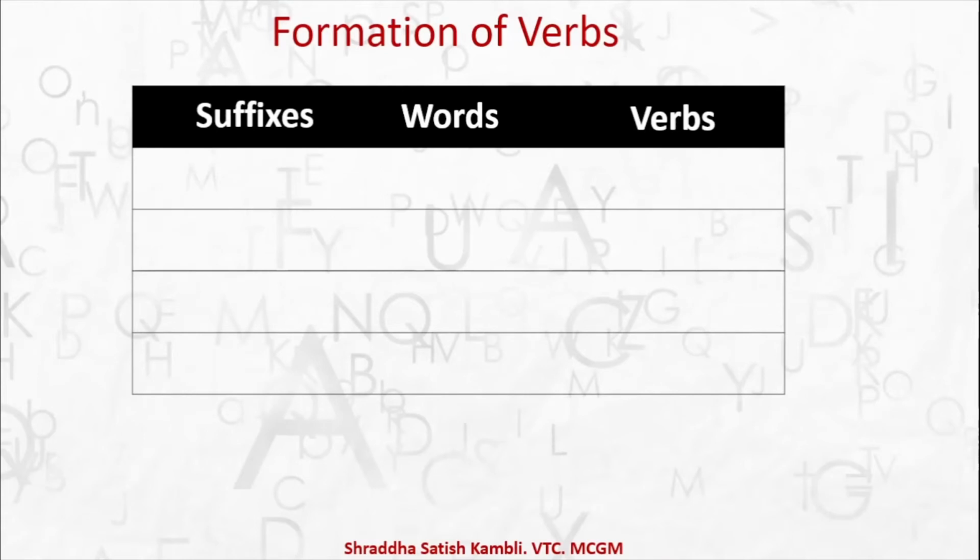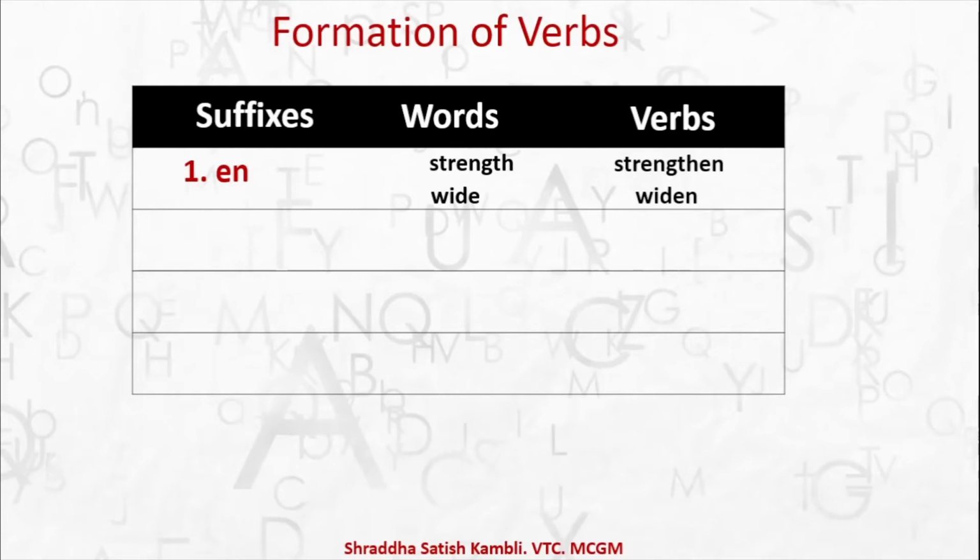So let's see the suffixes, the words and the verbs. So we have EN. When you add the suffix EN, the word strength becomes strengthen. The word wide becomes widen.